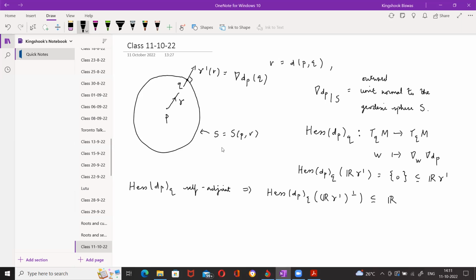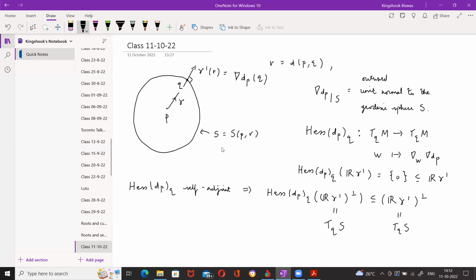It defines an endomorphism of the orthogonal complement of the geodesic, which is just the tangent space to the sphere.